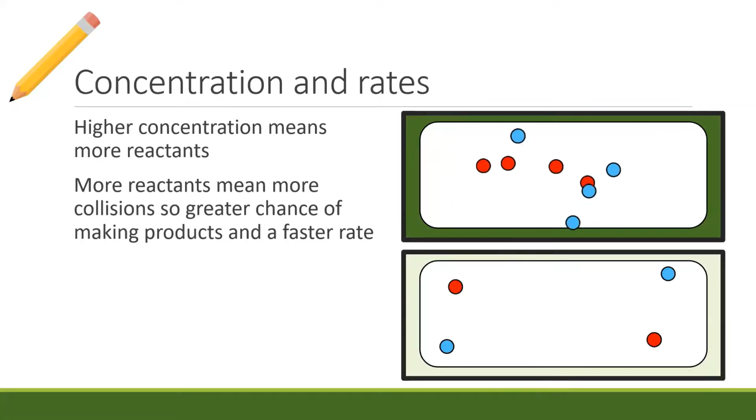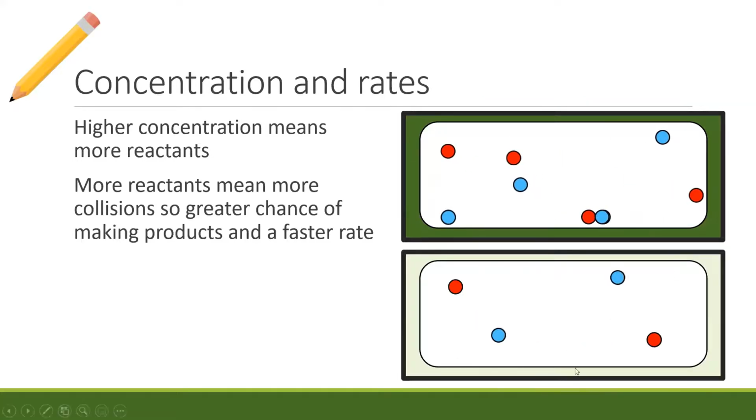So the top one, look, there were like 3 or 4 collisions there, whereas in this bottom one, sorry, I haven't got this to work properly, because there are so few chemicals, because it's so dilute, they're not going to react, because they're just not going to collide enough.